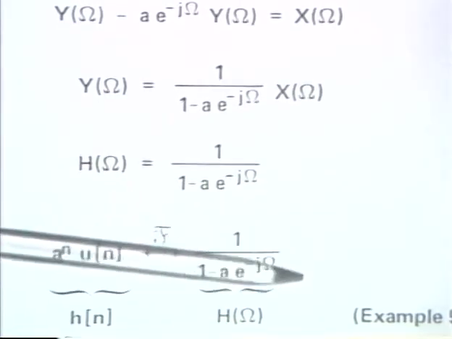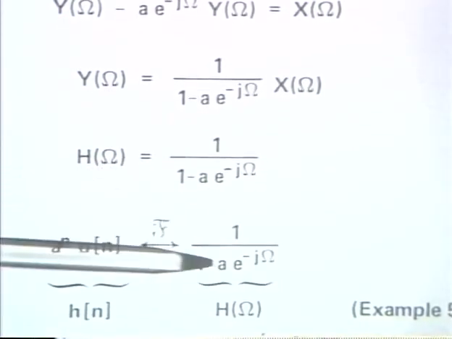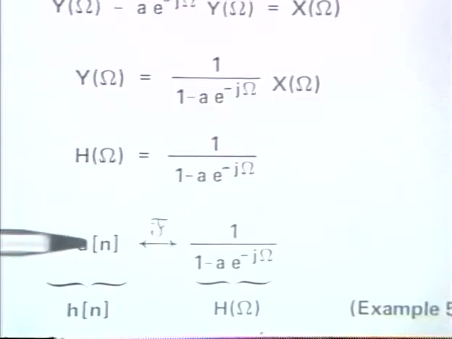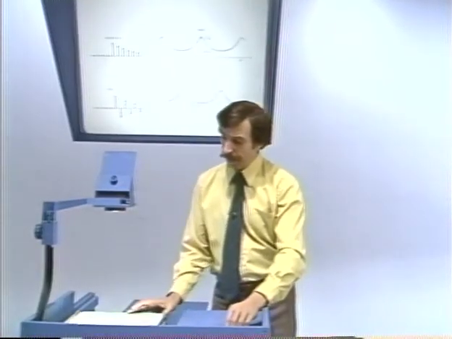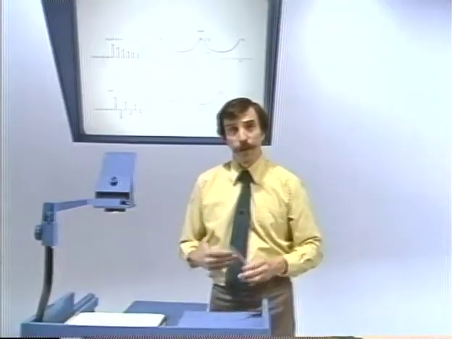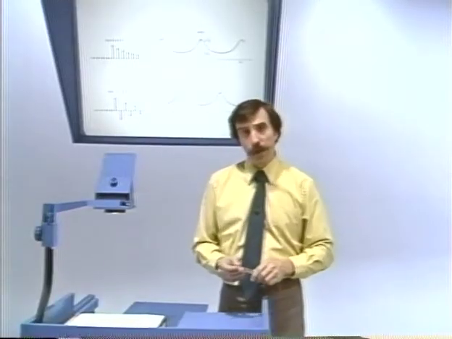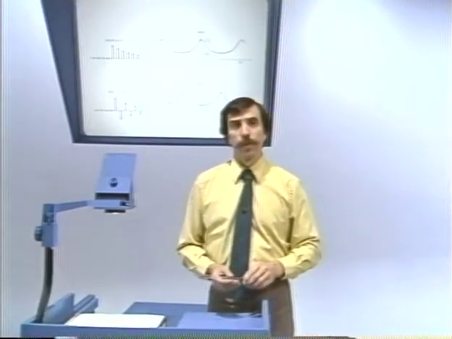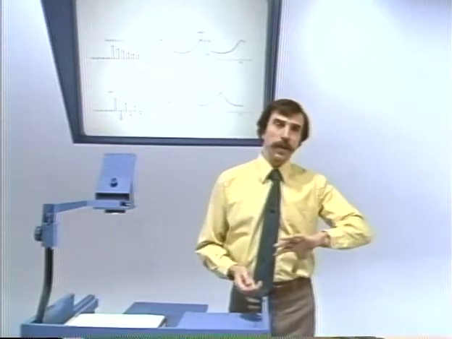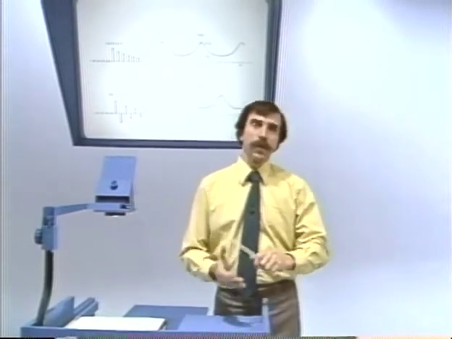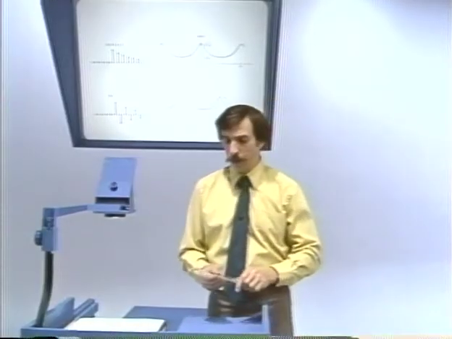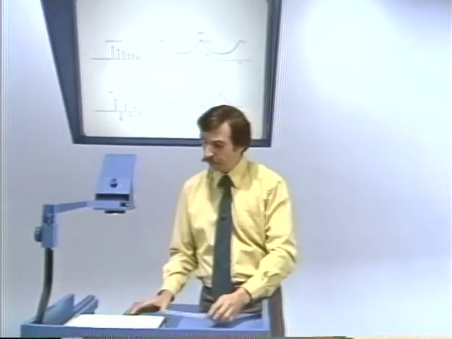So we have the frequency response obtained by applying the Fourier transform to the difference equation, and the impulse response. And as we did last time, we can look at that in terms of a frequency response characteristic and recall that depending on whether the factor a is positive or negative, we either get a low-pass filter or a high-pass filter.